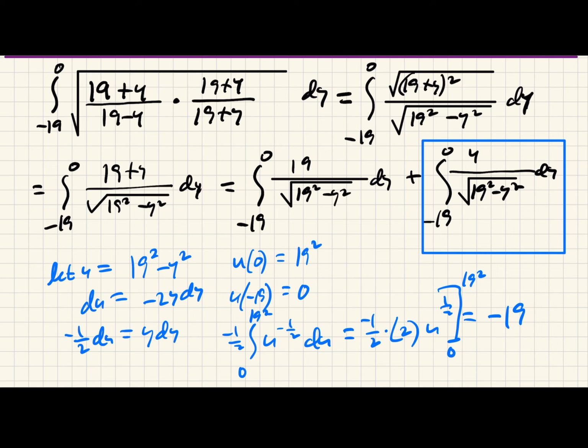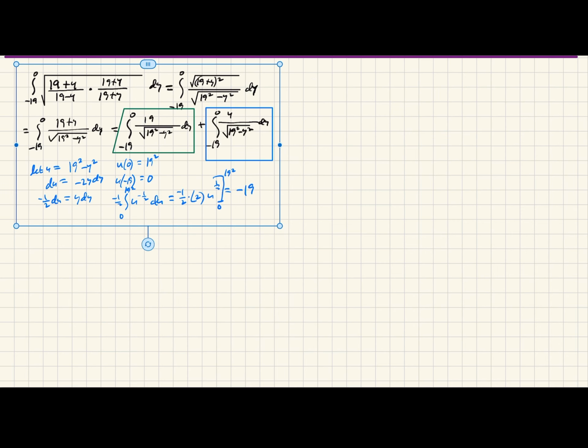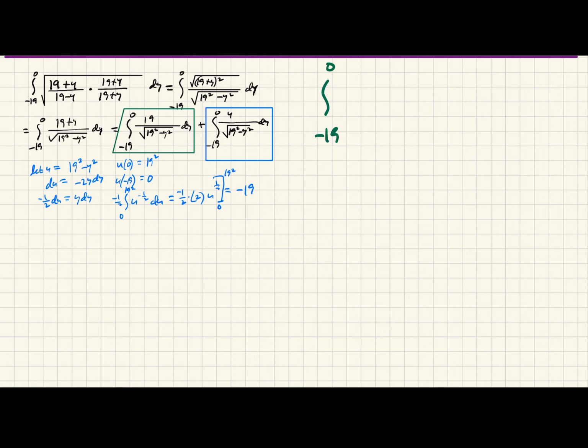Now, we want to think about this other part right here. Now the fun part. The integral from minus 19 to 0 of 19 over the square root of 19 squared minus y squared dy.